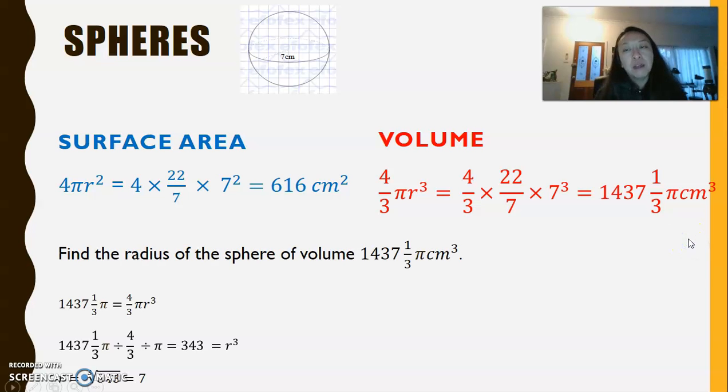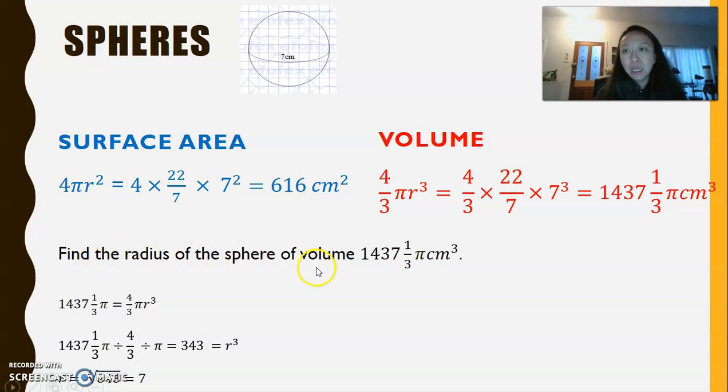If I flip the question a bit and say, find the radius of the sphere with volume 1437 1/3 pi centimeters cubed. Obviously we know that the radius is 7. But if we are given the volume and we need to find the radius, how do we do that? You are right, we use the formula.